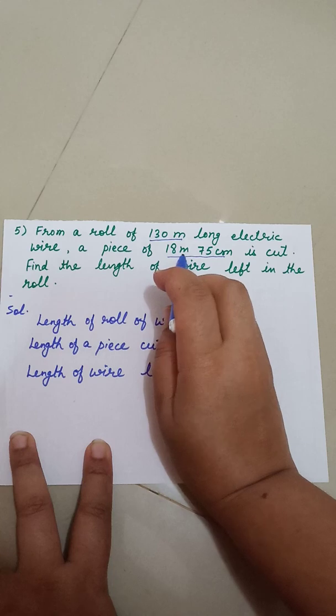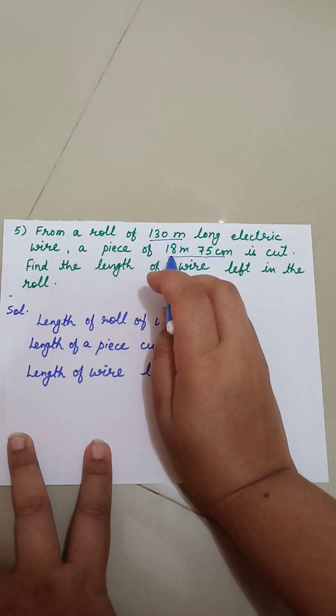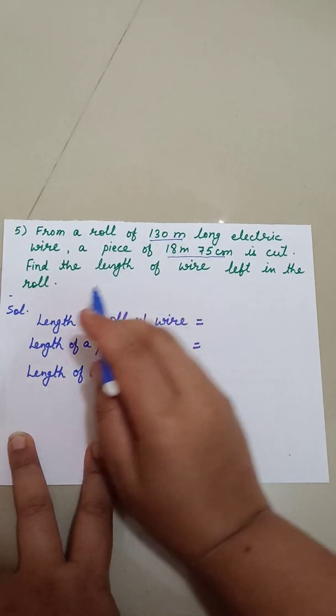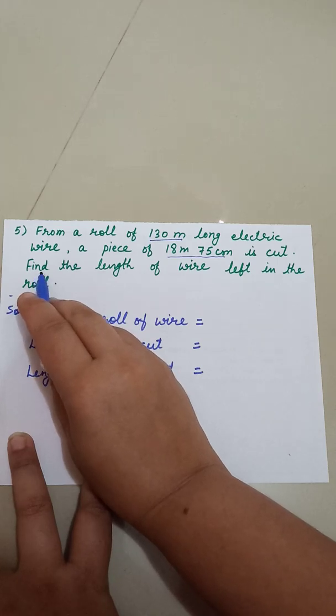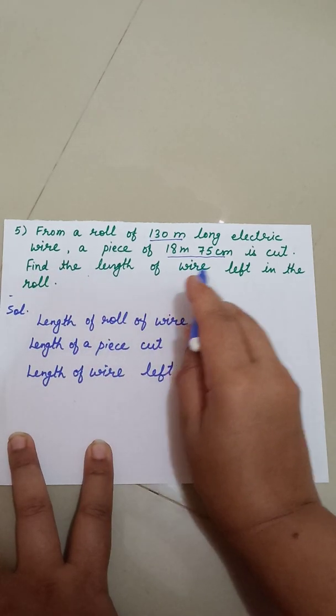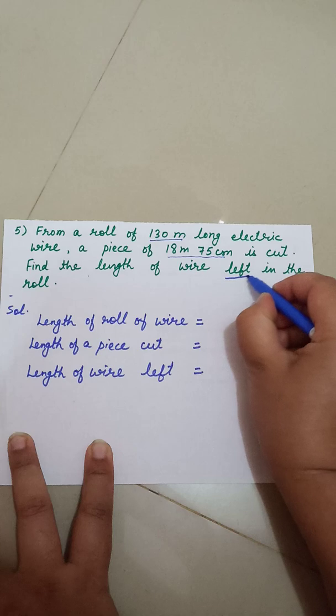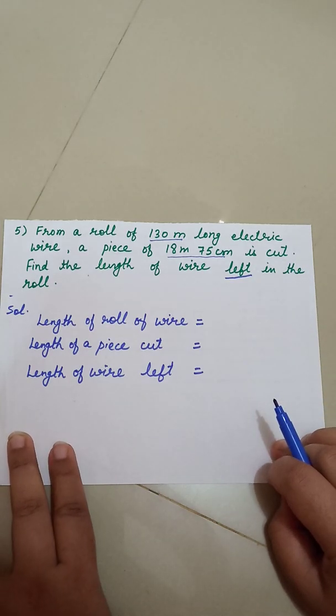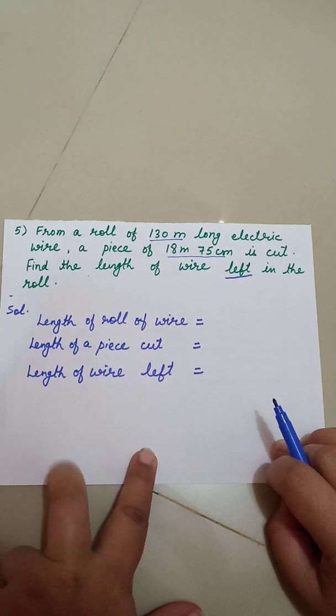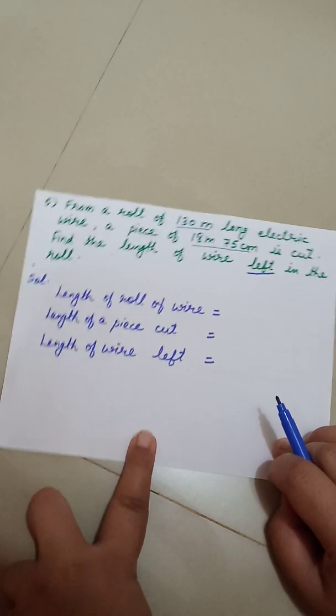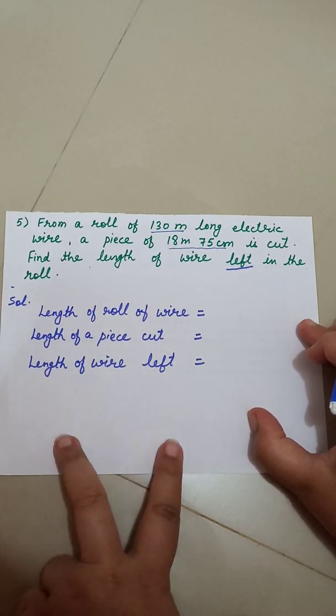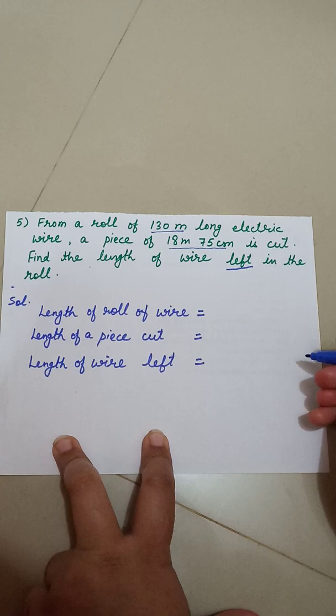That is the length of the piece that is cut from that wire. Now you have to find out the length of the wire left. So you already know you have to find out the left number. That means you have to subtract.